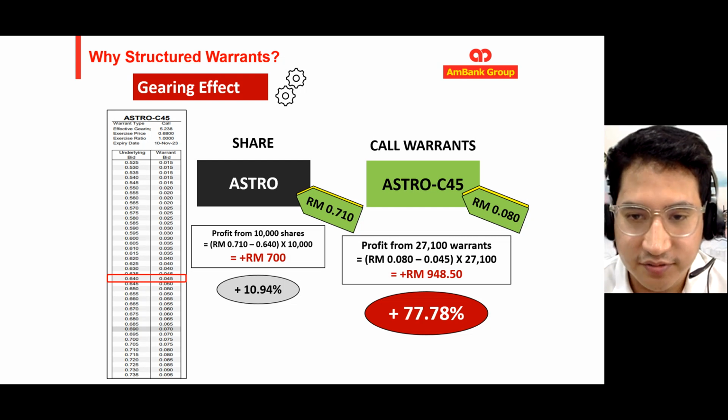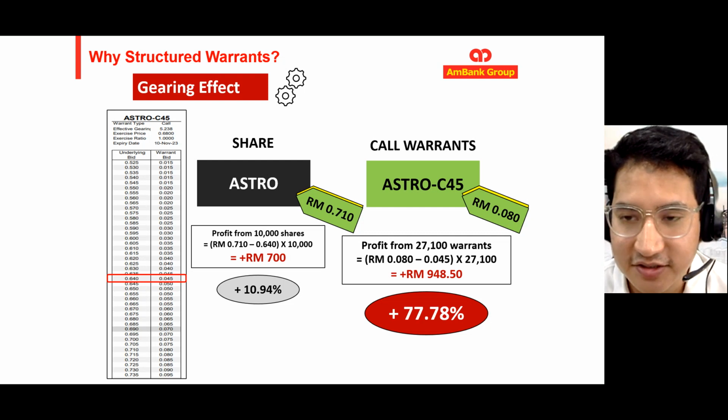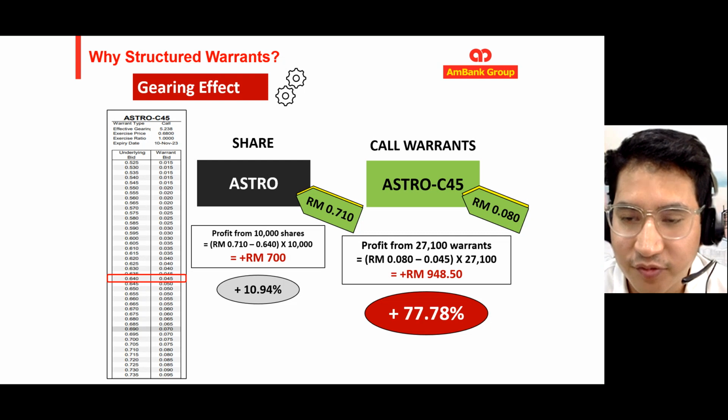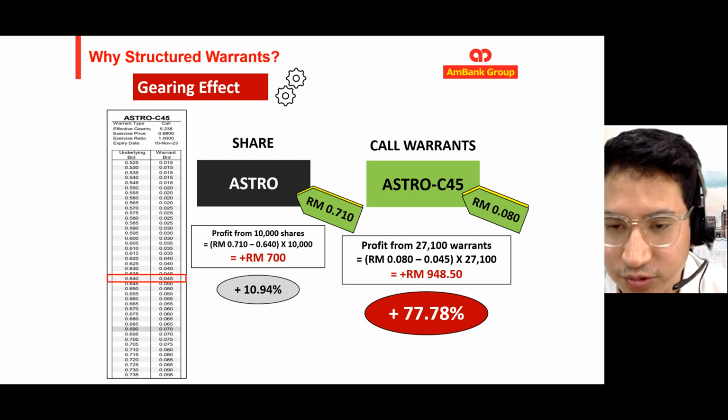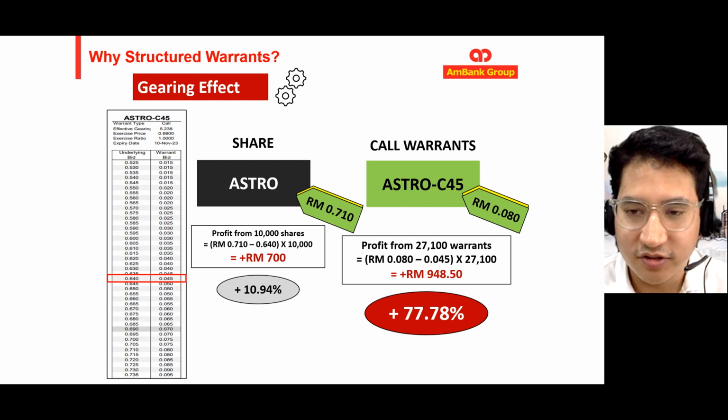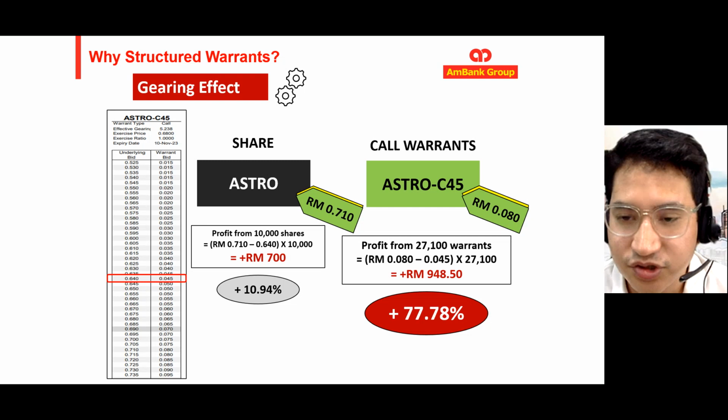You see that from 64 cents over here, it went up from 45 cents to 80 cents. So you are able to sell back at 80 cents. And so your profit here is about 950 ringgit, which from your initial capital of about 1,002, that's about a 77% increase in your trading gains.